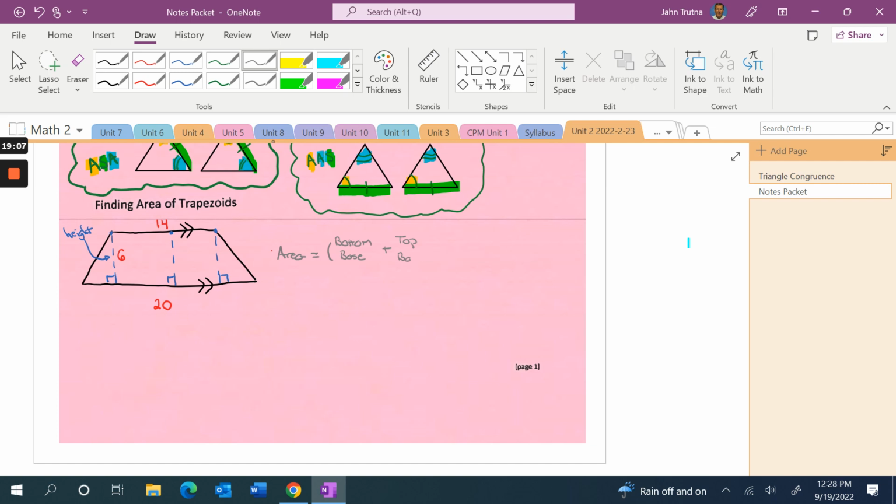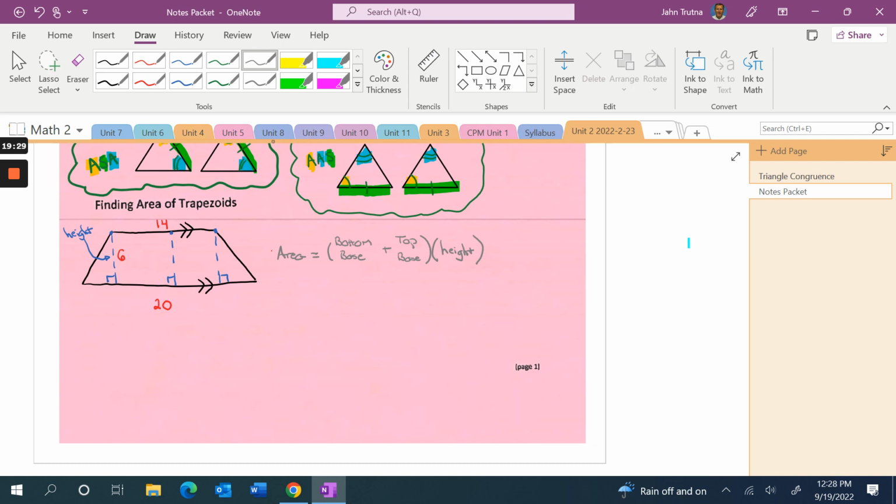It's kind of weird that in a trapezoid, you refer to it as having 2 bases. But if you think about it, if I took this trapezoid and flipped it over, reflected it, I could still stand up the trapezoid on the top. Then you multiply that with the height of the trapezoid.